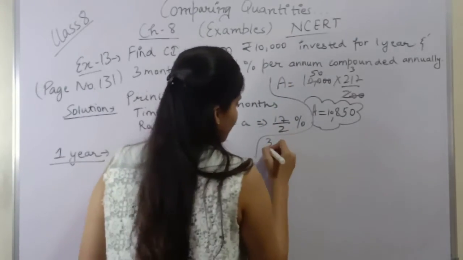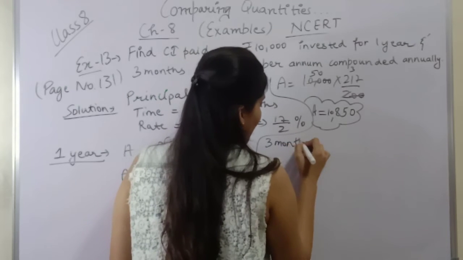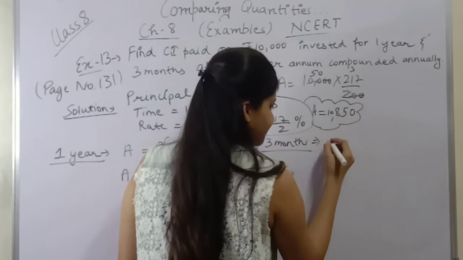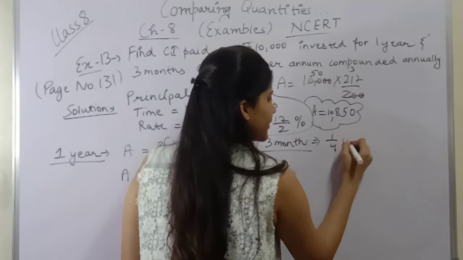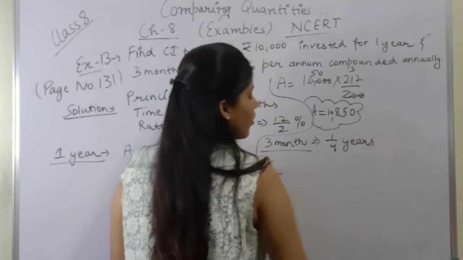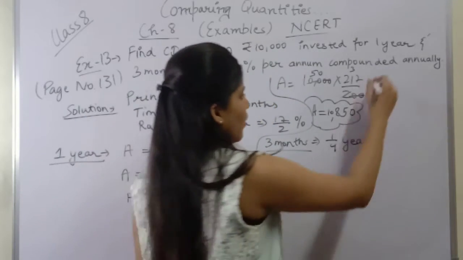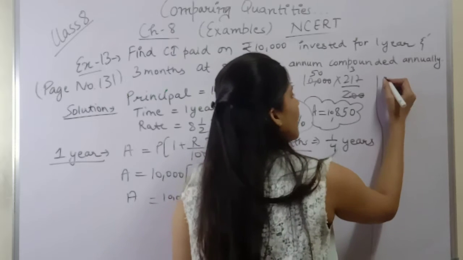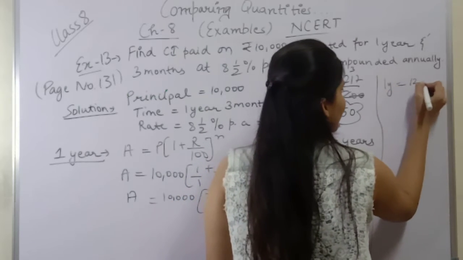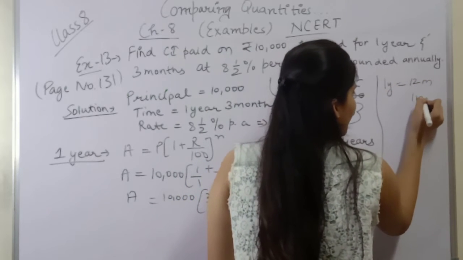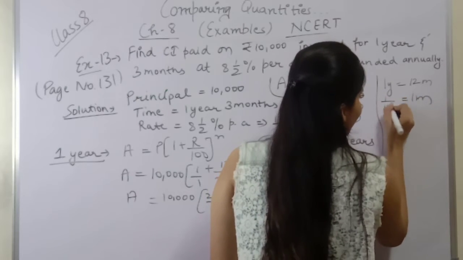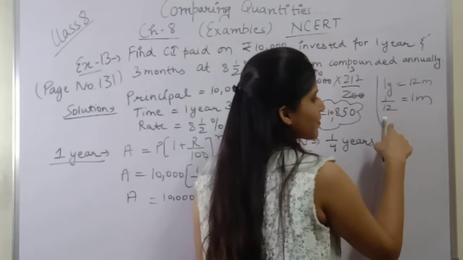Now we will calculate for 3 months. Now 3 months equals to 1 upon 4 years. How? Let's see how. 1 year में होते हैं 12 months. ठीक है. So 1 month में 1 upon 12 years हो गए. 12 इधर आ गया, ट्रांसपोज हो गया.